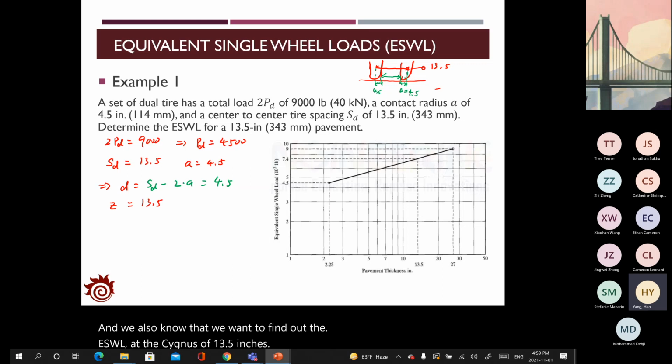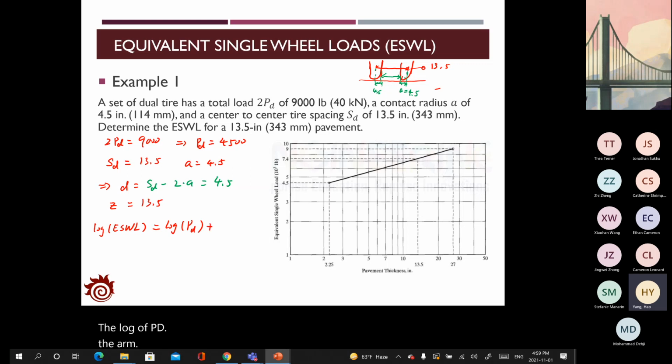And with that, we can then recall the equation: the log of ESWL equals the log of PD plus the constant 3.01 times log of 2 times Z divided by D, divided by log of 4 times SD divided by D.